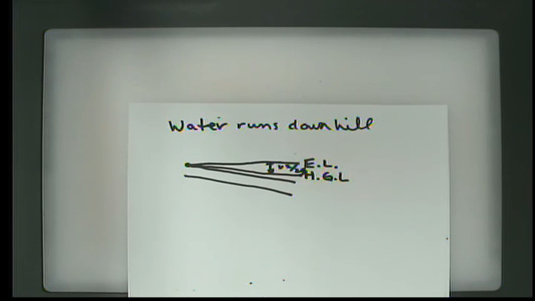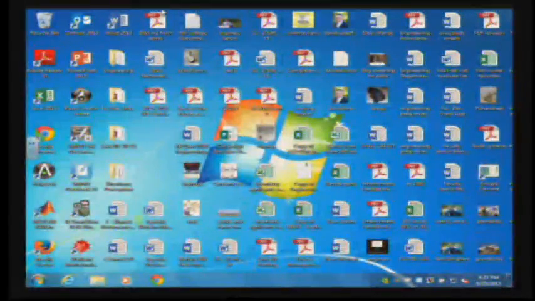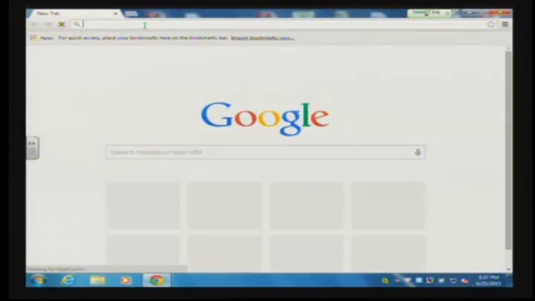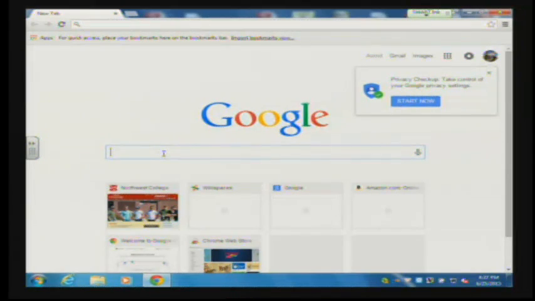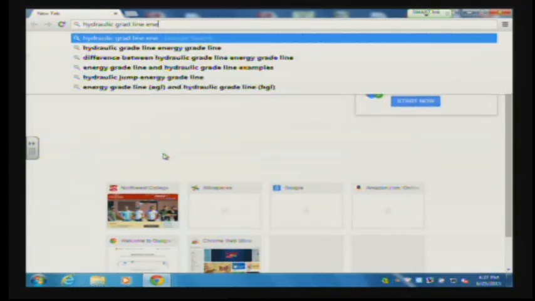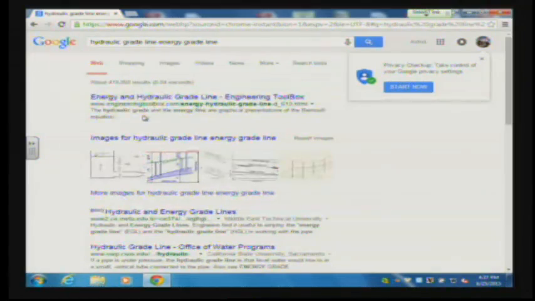I'm going to flip over to the podium PC because I'd like you to see something from Engineer's Toolbox. Basically, if you do a quick Google search on hydraulic grade line and energy line, you'll come up with this website called the Engineer's Toolbox.